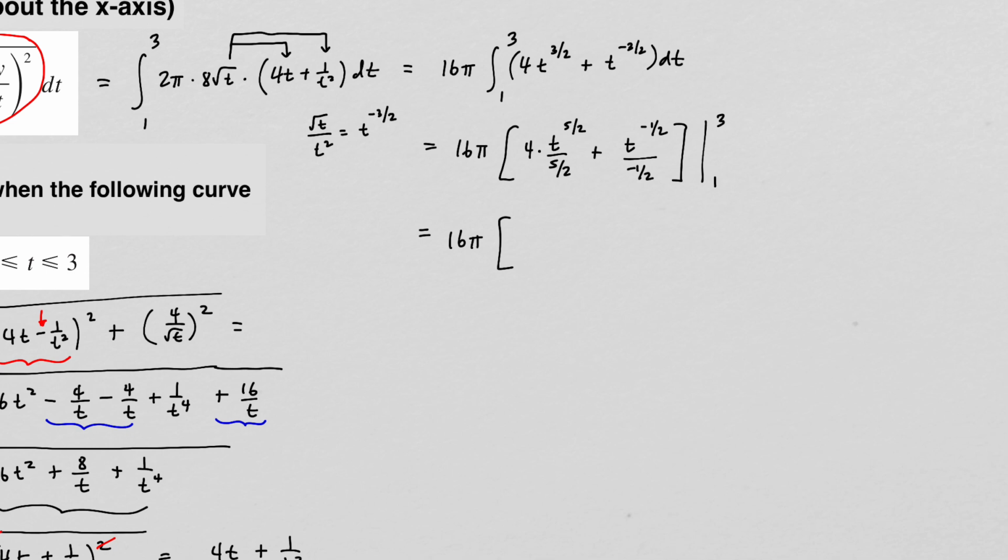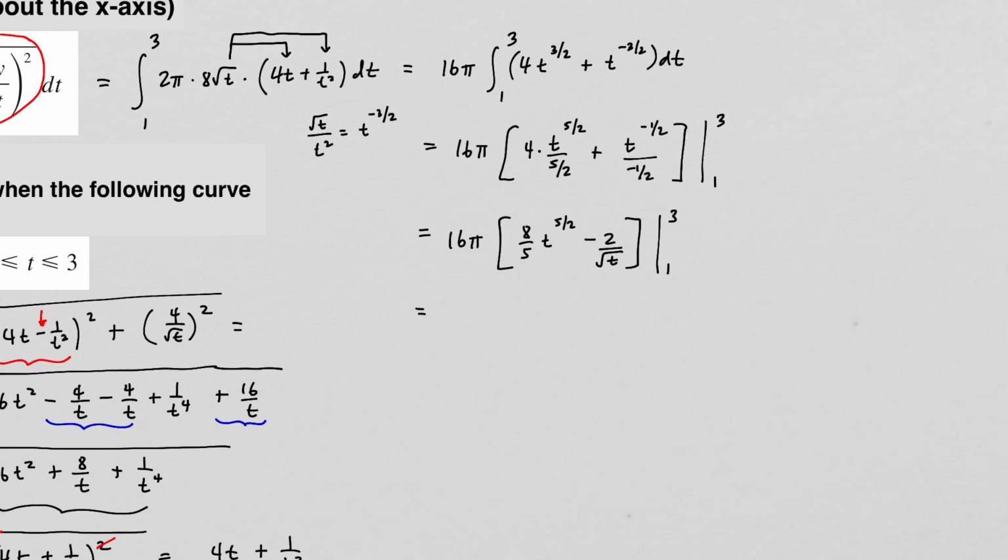Inverting and multiplying the 5/2 here is going to give us 8/5 t to the 5/2. And then we get minus 2 t to the negative 1/2, which can be written as 2 divided by radical t. Okay, so now we need to plug in our limits.